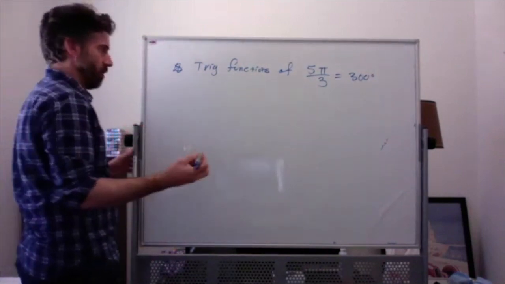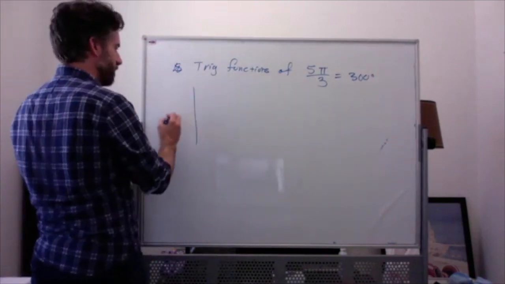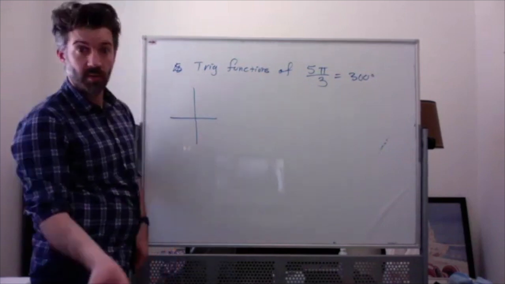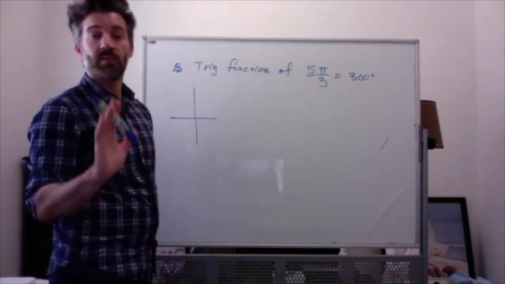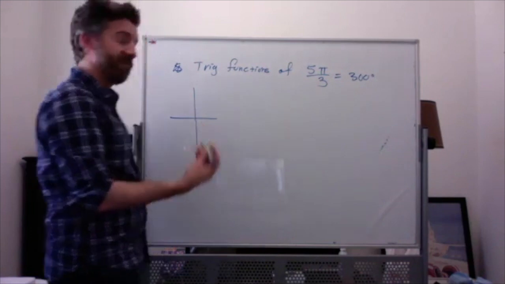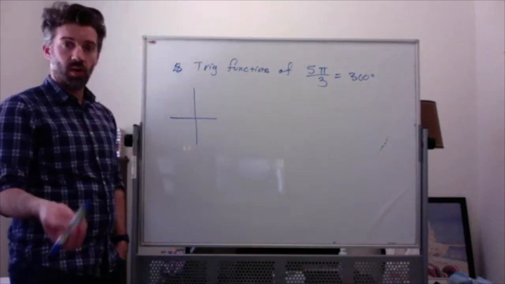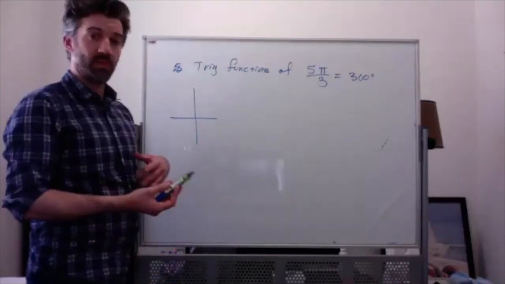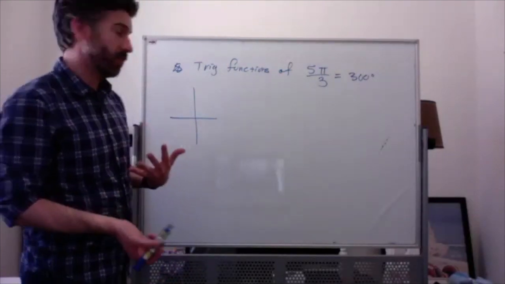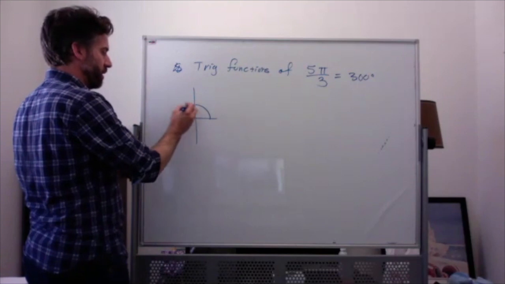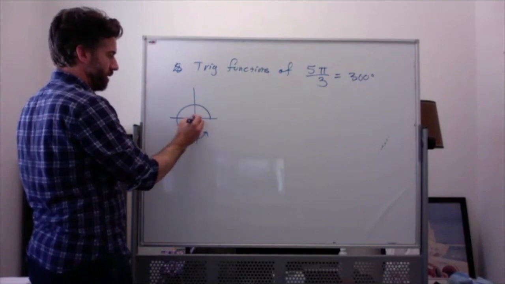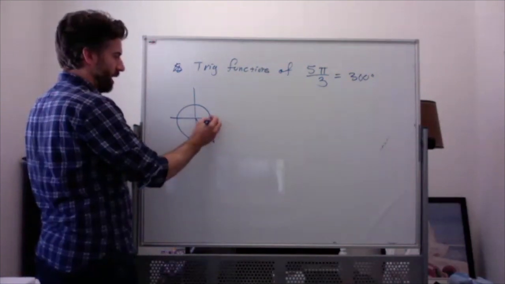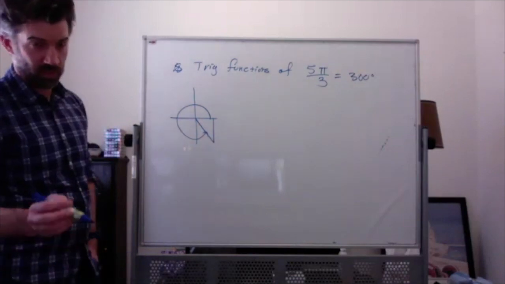I would say, okay, well, 5 pi over 3, that's in quadrant 4. And definitely tomorrow we will also talk about a fast way to identify what quadrant one of these special angles is in. Or really, this is an angle that has one of our special angles as a reference angle. So 5 pi over 3, right about there. I don't really need to draw this picture, but I'm going to anyway.